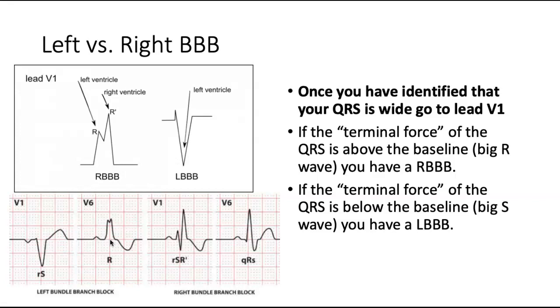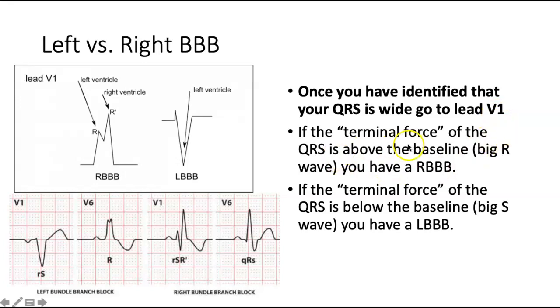So when you are evaluating your rhythm or your 12-lead EKG, part of the algorithm is after you determine the rate, after you've looked at the P waves, you look at the QRS complexes. If you've identified that your QRS complexes are in fact wider than those 3 small boxes, you can go to lead V1 and V6 to try to look at the morphology of the QRS complexes.